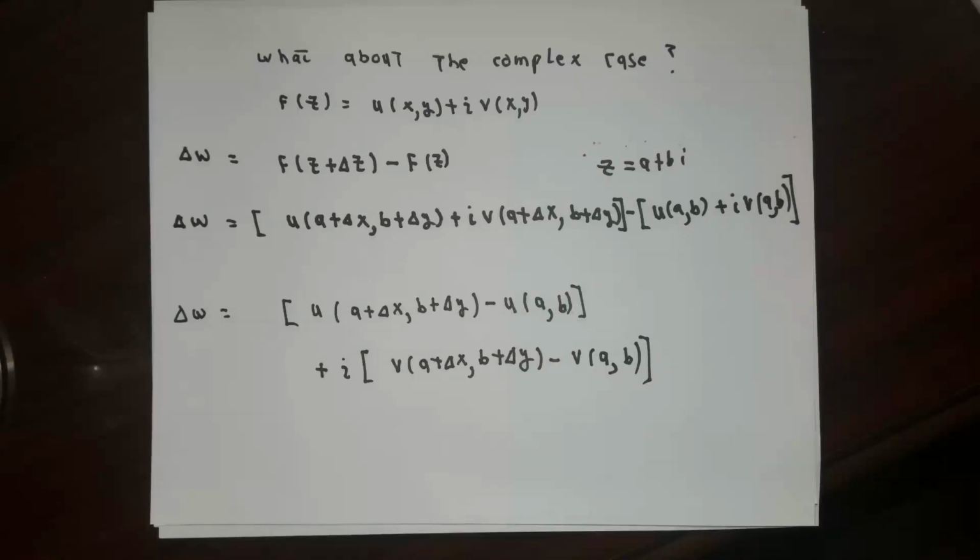By doing ordinary algebra, I'll group the u terms together and the v terms. We know something about those quantities inside the square brackets, though, because u and v are differentiable in the ordinary sense of the word.